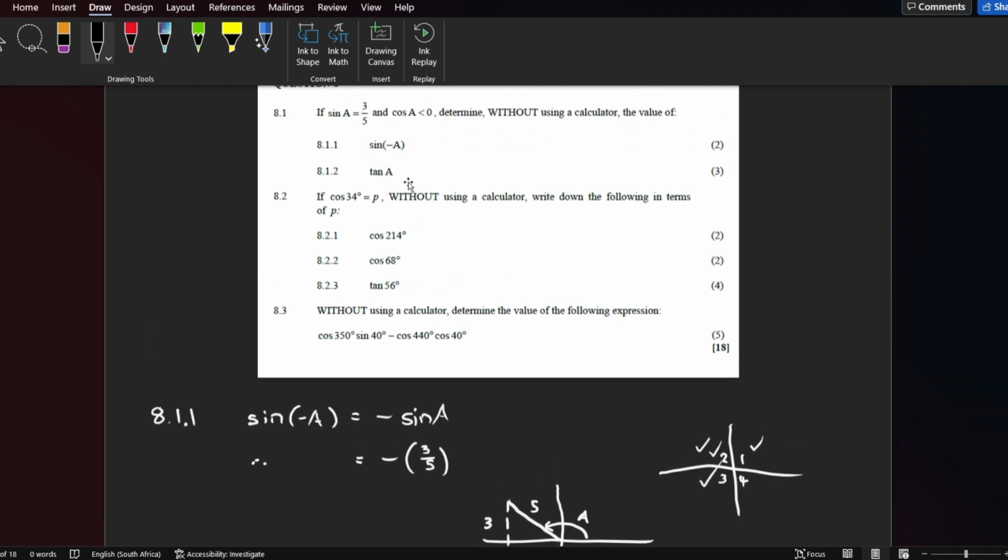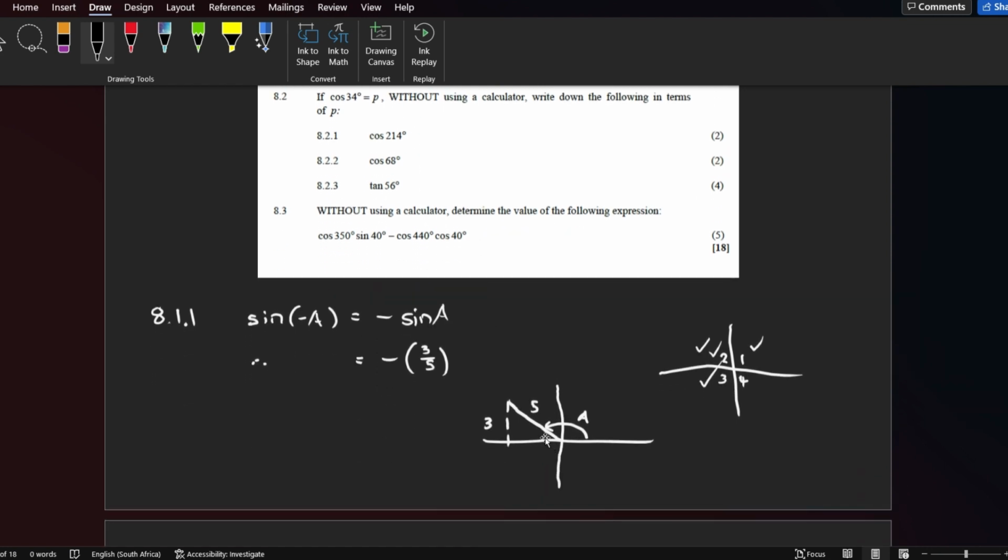Now, in order to determine tan A, we know tan is opposite over adjacent. We do not have our adjacent side, so we will need to calculate it. That can be done quite simply because this is a right angle triangle. So if we use Pythagoras, let's call this side x. X squared is equal to 5 squared minus 3 squared, and we will get x to be 4.